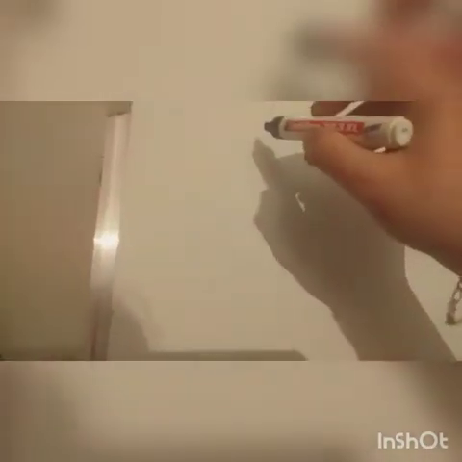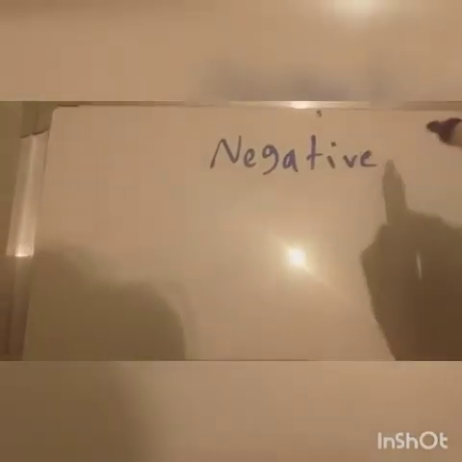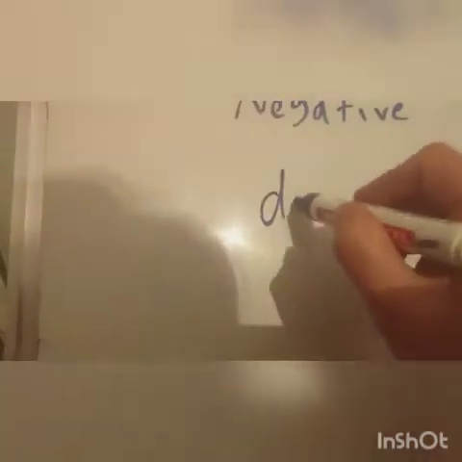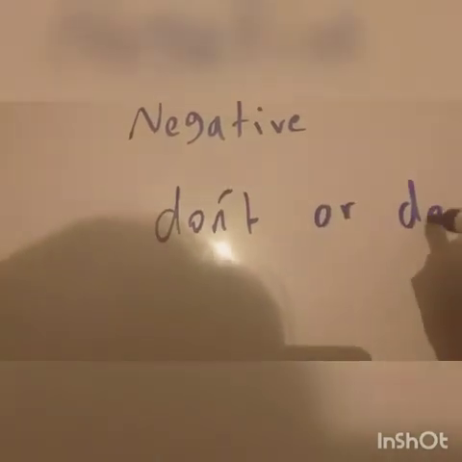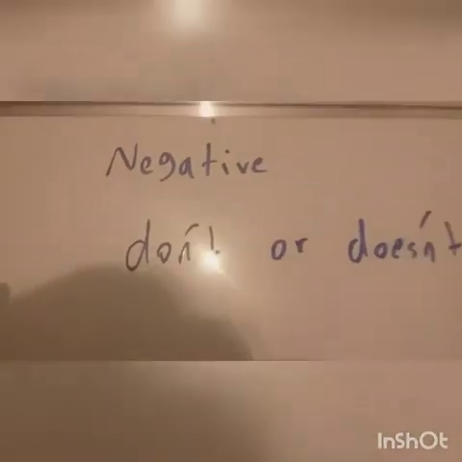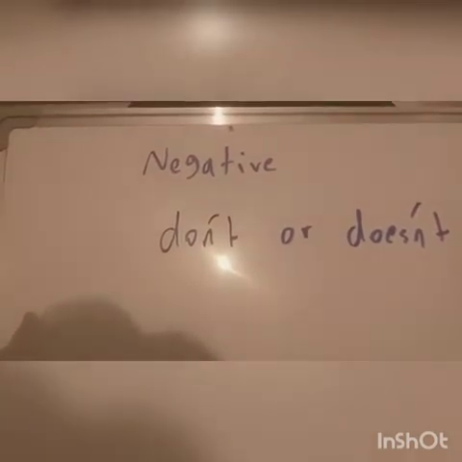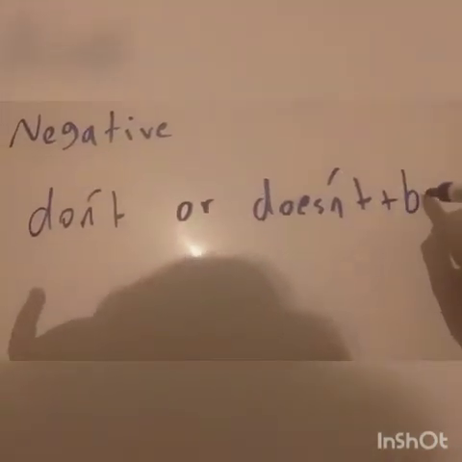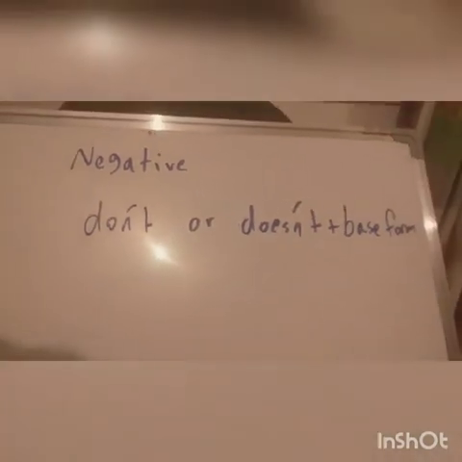So, in the present simple negative, we use don't or doesn't plus the base form of the main verb.